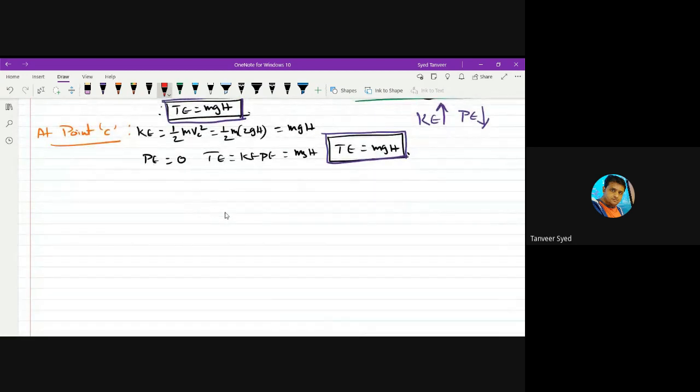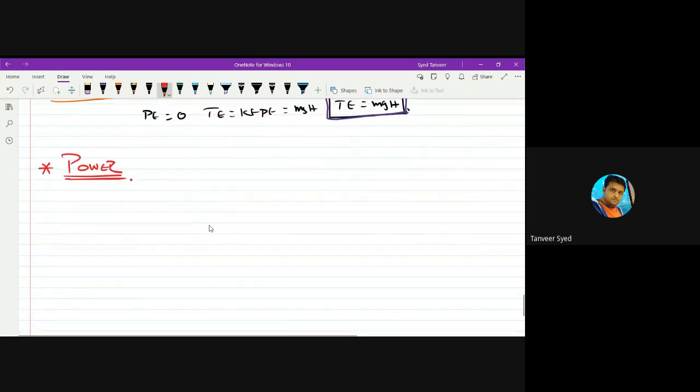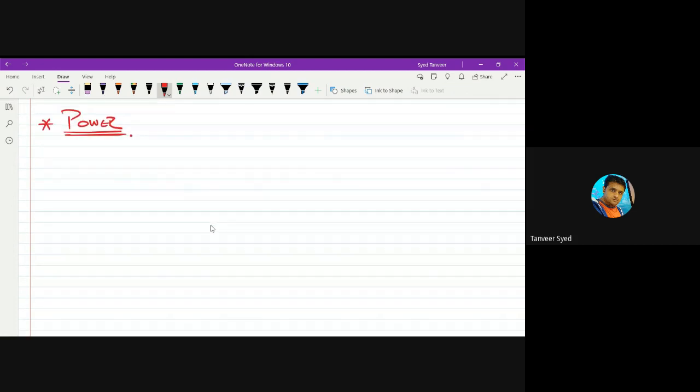Next, last part, power. Power is also a commonly used word, right? Tell me one example where you use power in day-to-day life. Sir, in bulb. Bulbs. Okay.